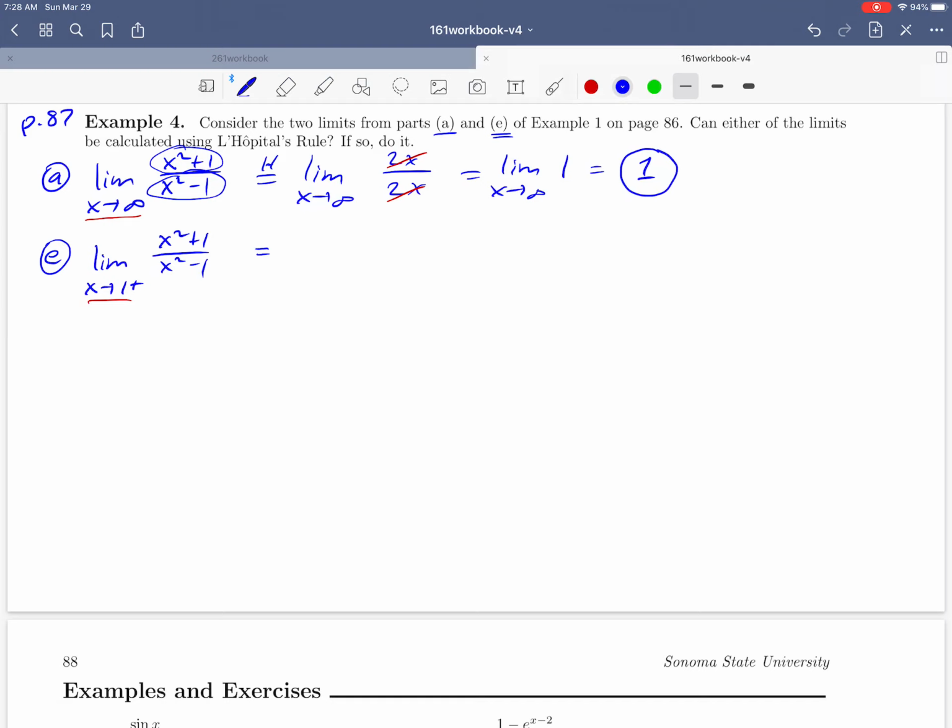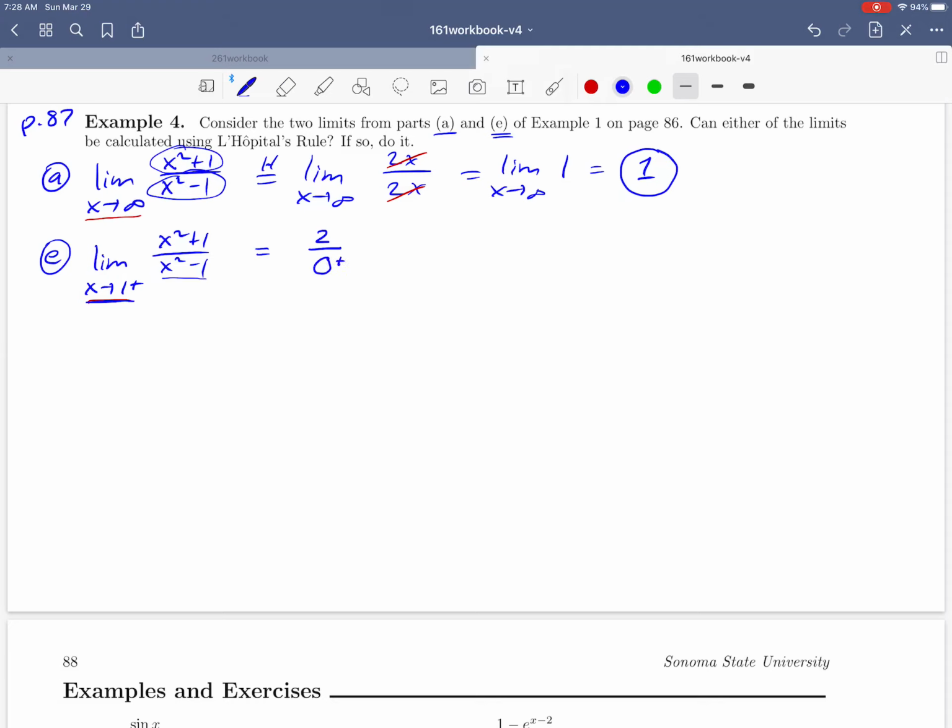Let's examine the numerator and the denominator and see how they're behaving. As x approaches 1, the numerator is going to approach 1 squared plus 2, which is 2. And down in the bottom, if we plug 1 into the denominator, we're going to get 0. But which side of 0 are we approaching from?